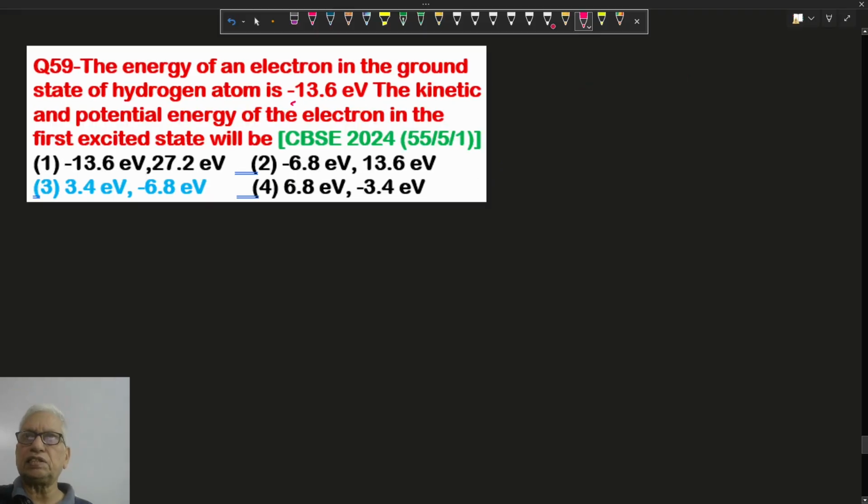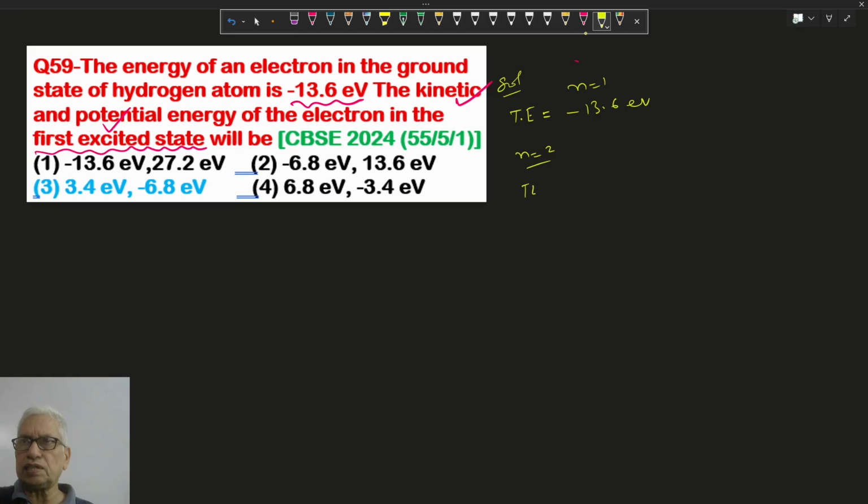The ground state energy for the hydrogen atom is given as minus 13.6 electron volt. We have to find the kinetic energy and the potential energy in the first excited state, n is equal to 2. The total energy for the first orbit is minus 13.6 electron volt. For the second orbit, the total energy is 13.6 upon n square, 2 square, which comes to minus 3.4 electron volt.